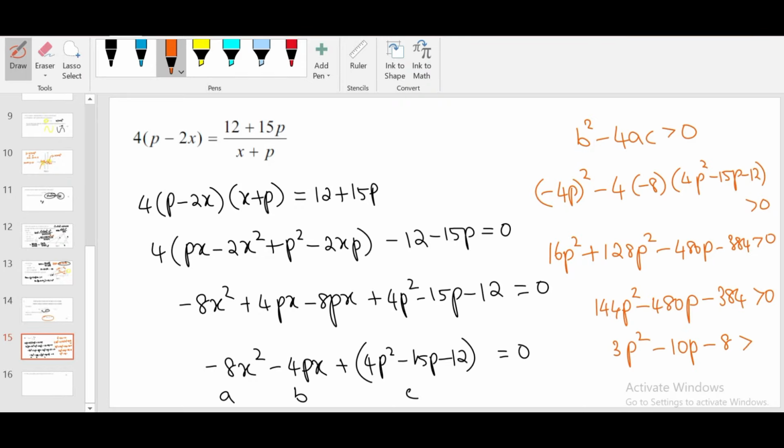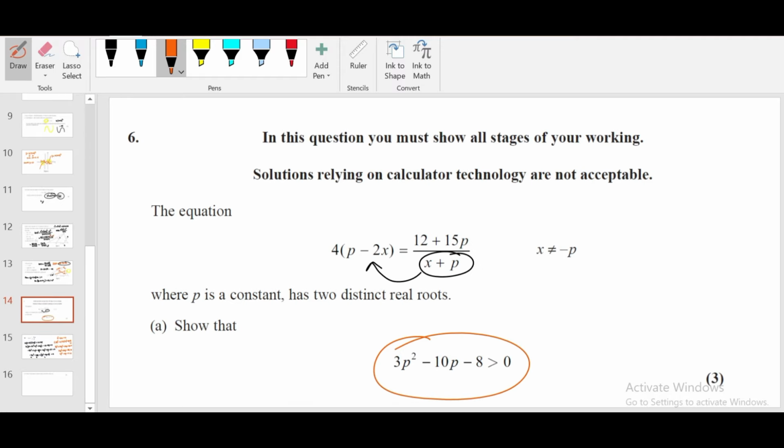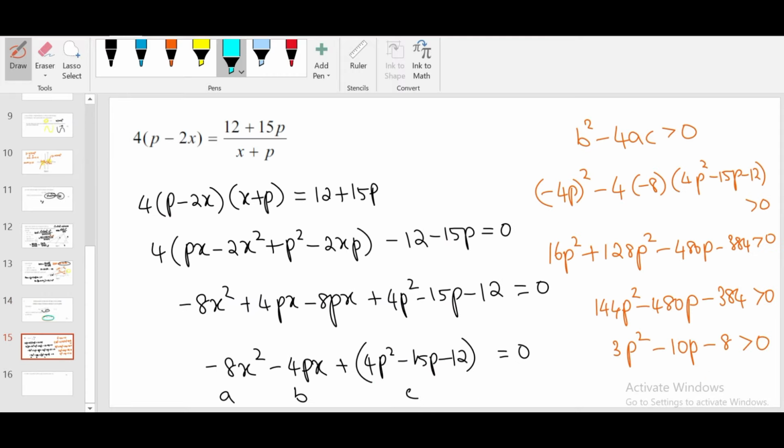Minus 8 is greater than 0. That's what they want us to prove. 3p square minus 10p minus 8 is greater than 0. We got it already. That involves a lot of calculations actually. If you have any easier way to frame this equation, leave it in the comment below.